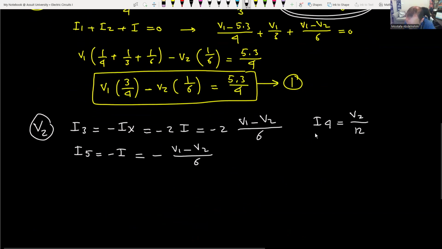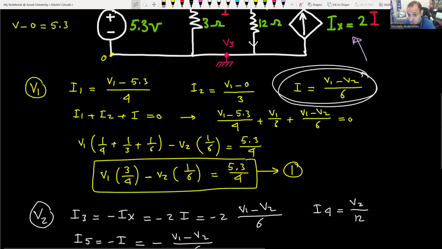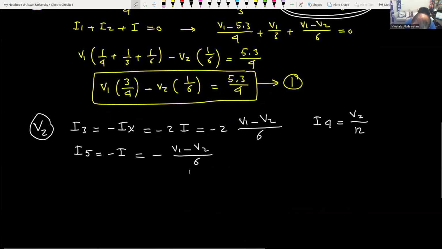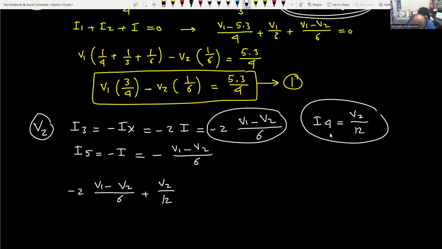So let's put all these together, because all of them are leaving the node, so the summation of all of them is equal to 0. This is I3, remember? So minus 2 times V1 minus V2 over 6. This is I4, V2 over 12. And this is I5, minus V1 minus V2 over 6.